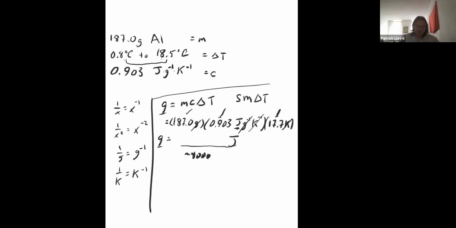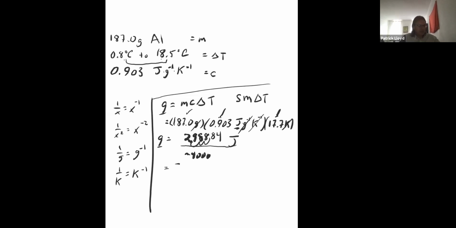To 3 sig figs, I'm going to put it in scientific notation. So here's the number I get: 2988.84. Yeah, there we go. So now I'm going to do it in scientific notation. Move it 1, 2, 3.